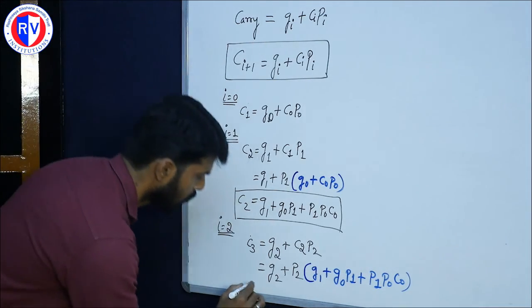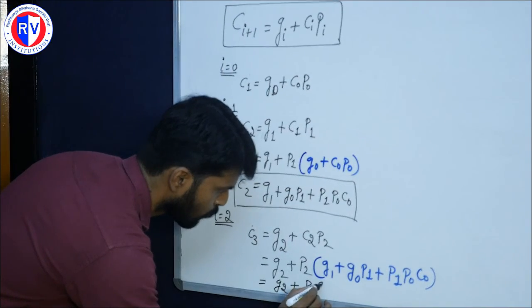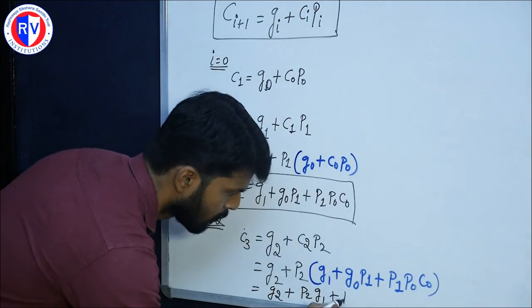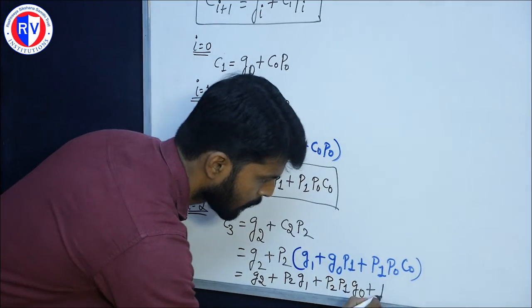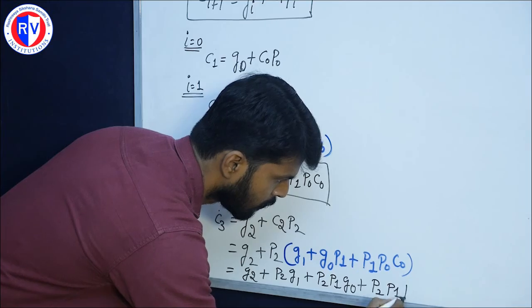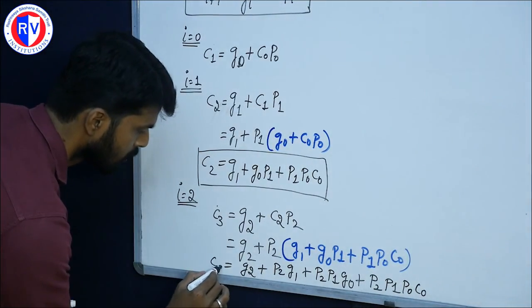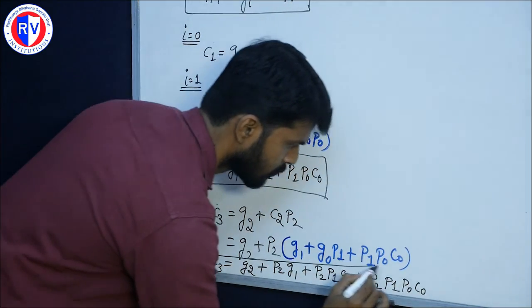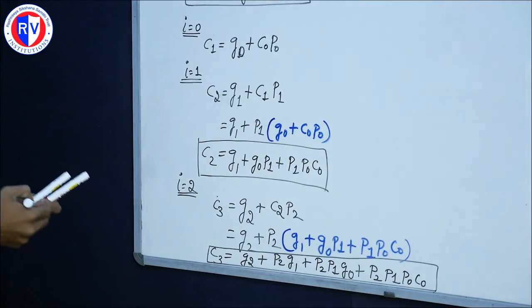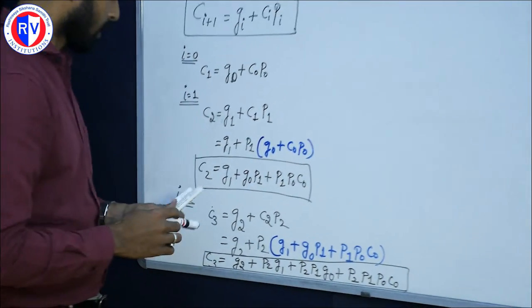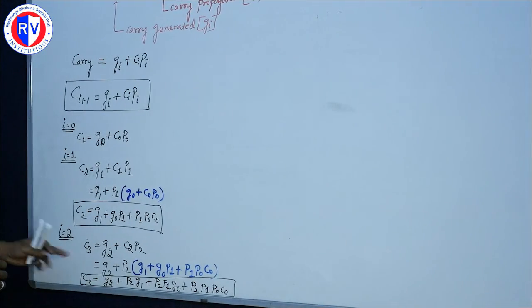Finally, after expanding, we get G2 plus P2 G1 plus P2 P1 G0 plus P2 P1 P0 C0. So this is the C3 equation. So this is the C1 output, C2 output, and the C3 output.